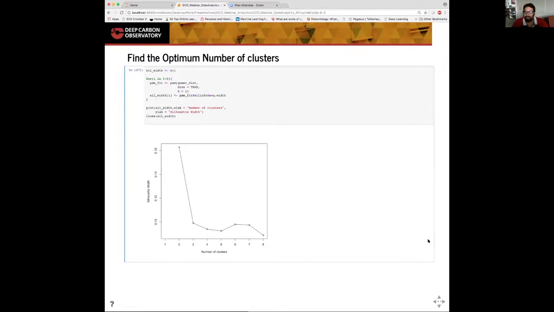The rule of thumb is any combination with a silhouette width of 0.35 or greater is considered well clustered. But as with most things in the real world, it's not common to see such a high silhouette width. What we see in this simulation is that the optimum number of clusters is 2 for our data set, with a silhouette width of approximately 0.17.